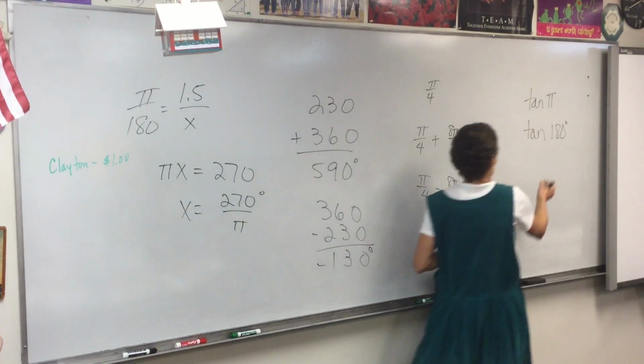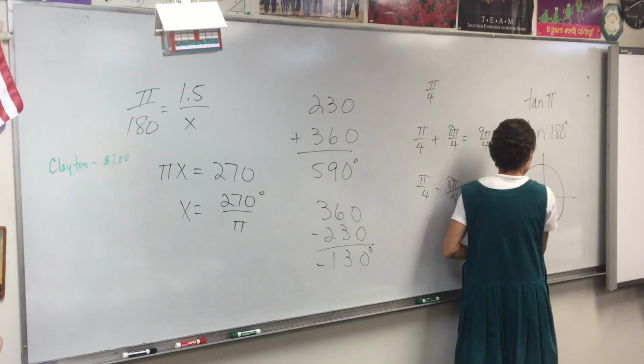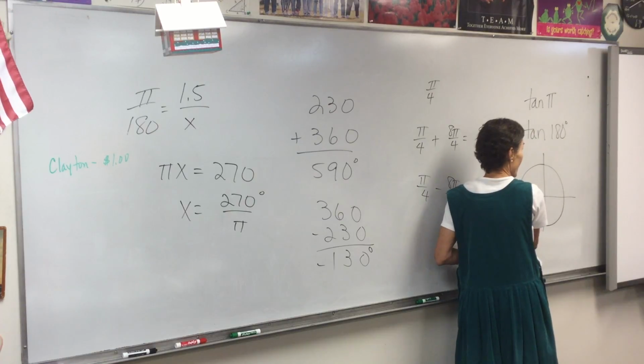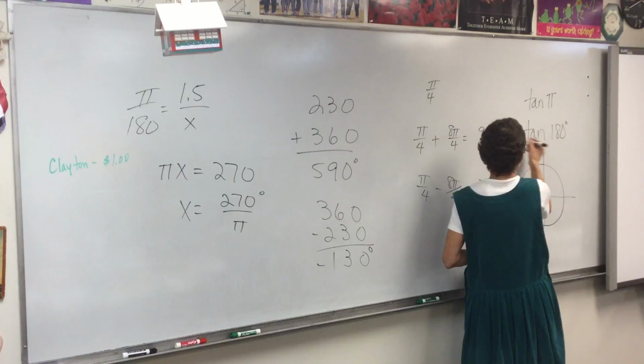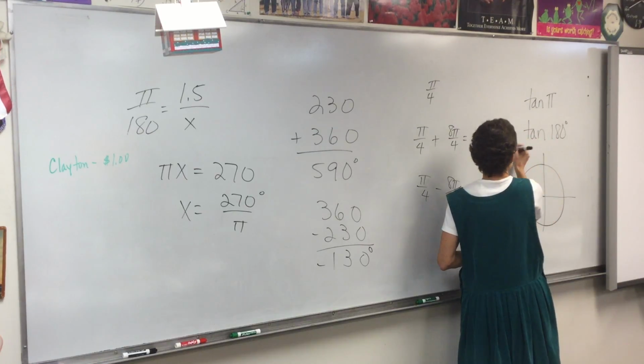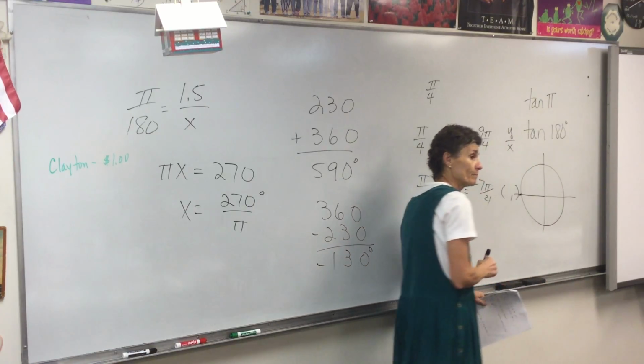Or visualizing? Where's 180? Right here. It's on an axis. So I can't use opposite over hypotenuse, or opposite over adjacent. I'm going to have to use y over x. So I need this point.